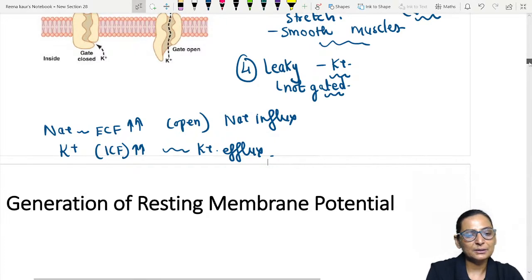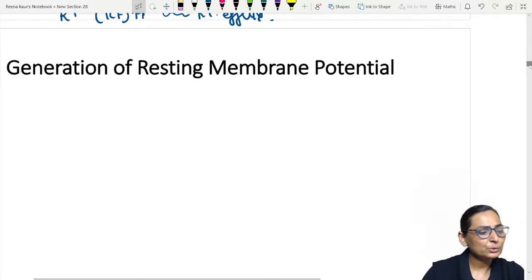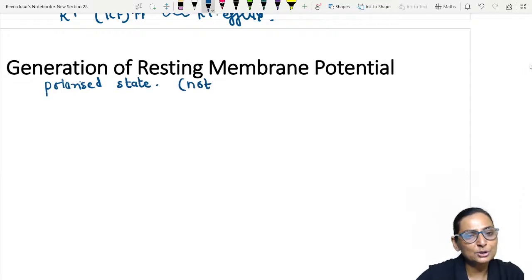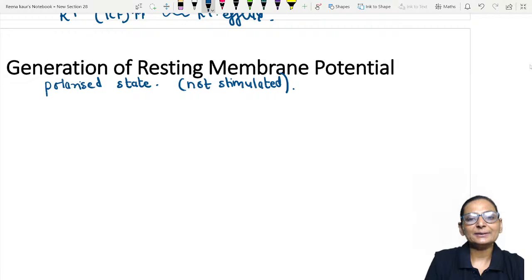Now let's consider what our resting membrane potential is. So how do you define resting membrane potential? Resting membrane potential is also called the polarized state of the membrane. That means when it is not stimulated. Right? So how do you get this polarized state?